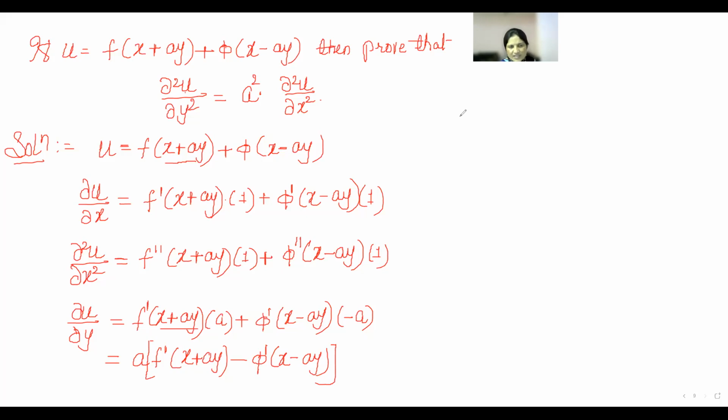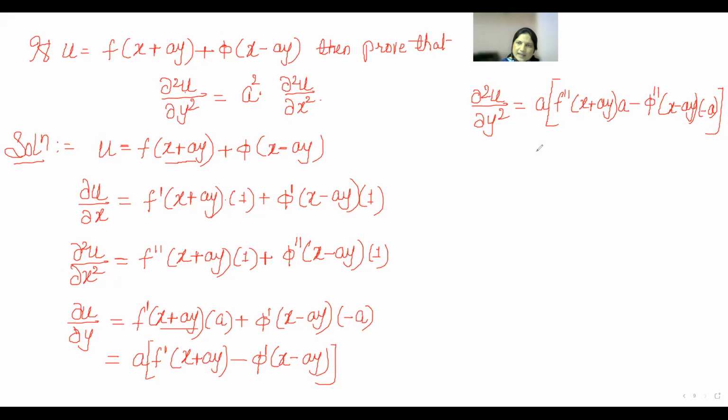Okay, again differentiating this ∂u/∂y with respect to y. So it gives ∂²u/∂y², which is equal to a constant, taking derivative of this bracket, that is f double dash of x plus ay into a minus phi double dash of x minus ay into minus a.